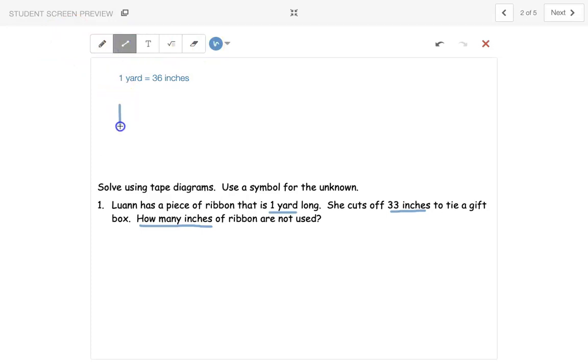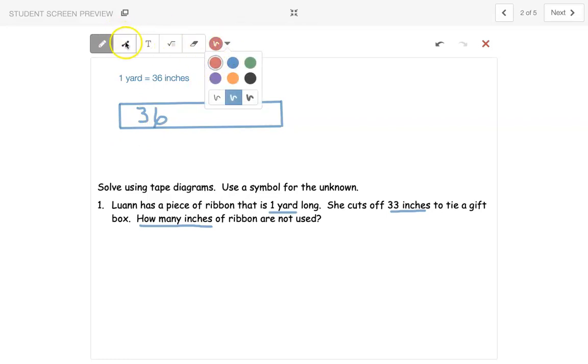First, let's draw on our tape diagram the piece of ribbon that is 1 yard long, but we are going to use 36 inches. That is my complete piece of ribbon. She cuts off, so let's draw that. This is the part she's taking off: 33 inches of that.